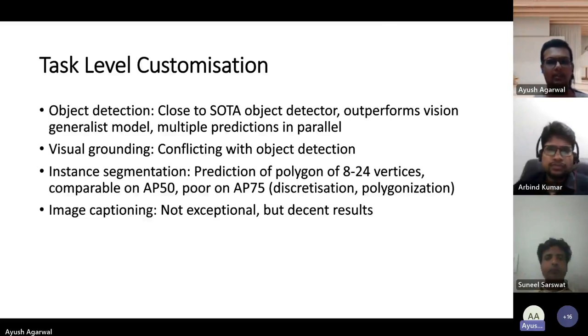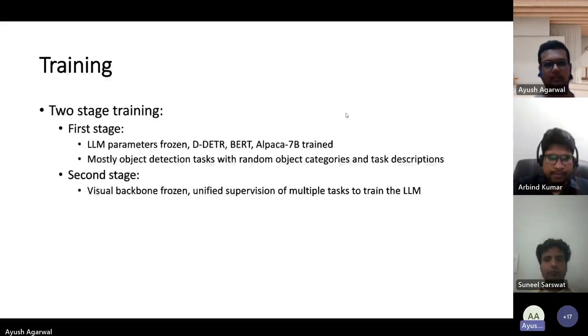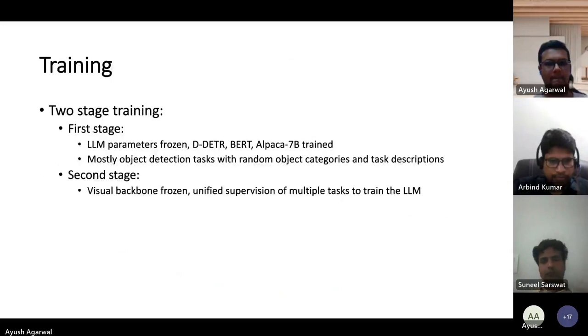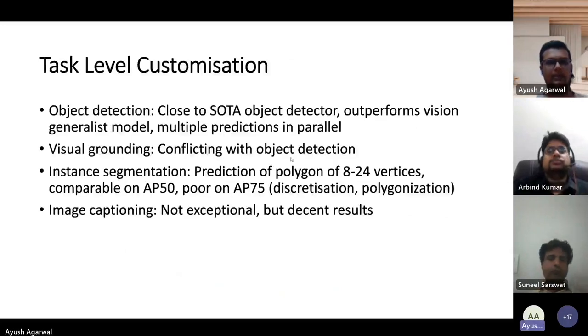Yeah, so now we are on to the results. For object detection, they were pretty close to the state-of-the-art object detector, and it outperformed the vision generalist model. A particular advantage that it has is that it can make multiple predictions in parallel, because it is following a query decoding kind of approach, as in for multiple object types it can predict in parallel.